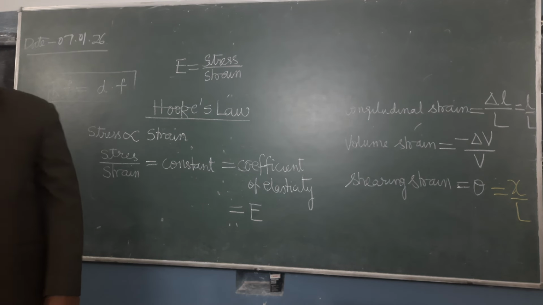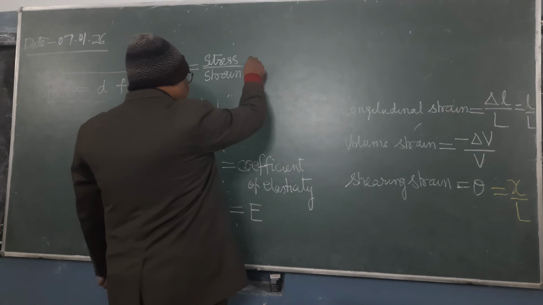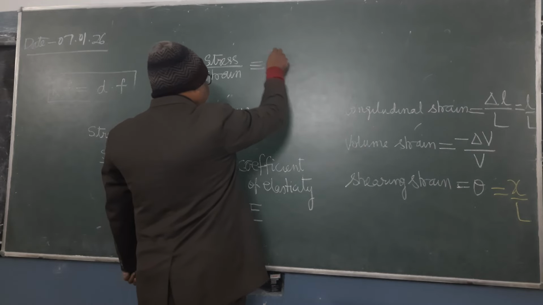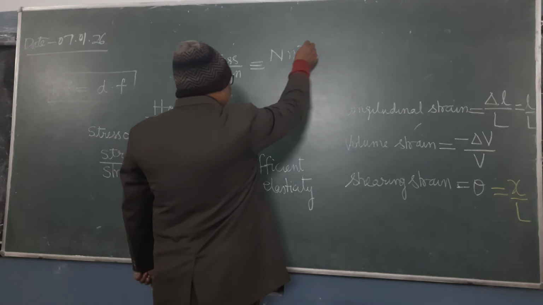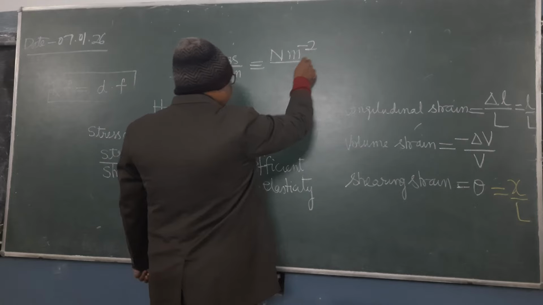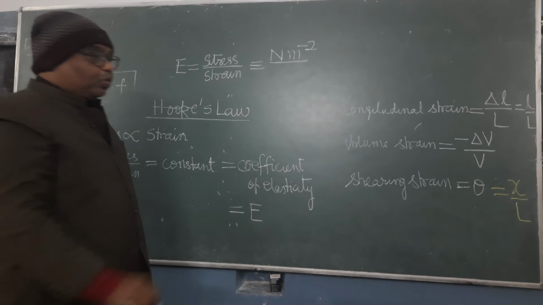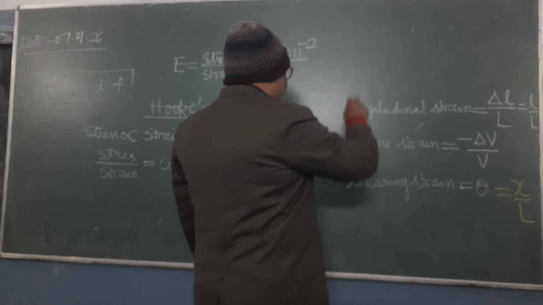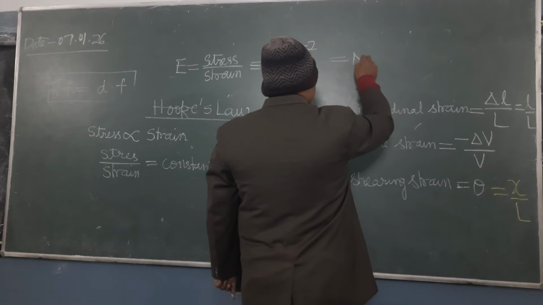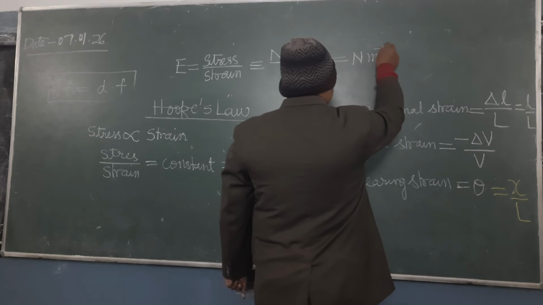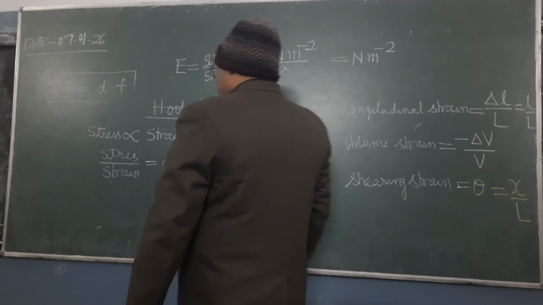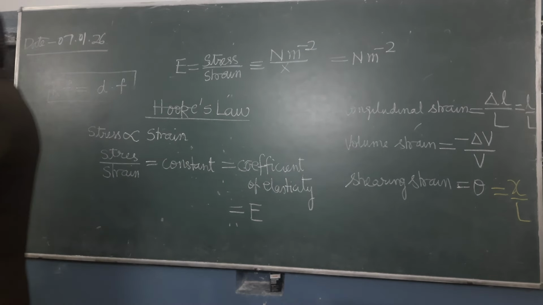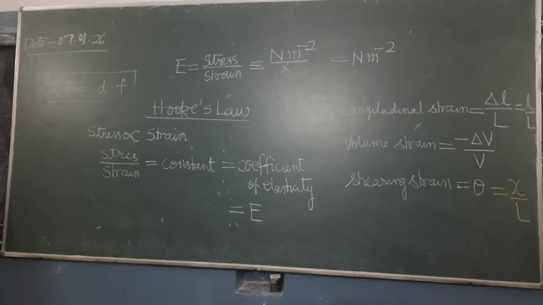Newton per meter square. What is the unit of strain? No unit. Therefore, the unit of E will be Newton per meter square.